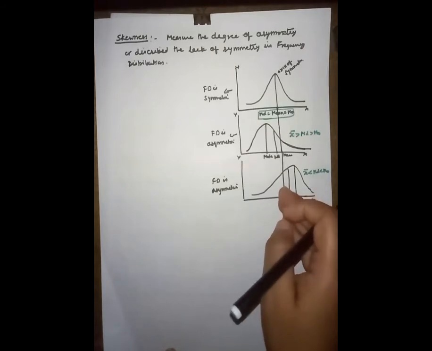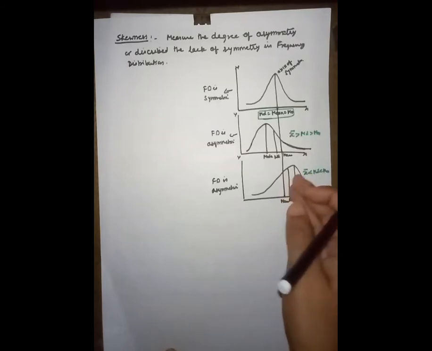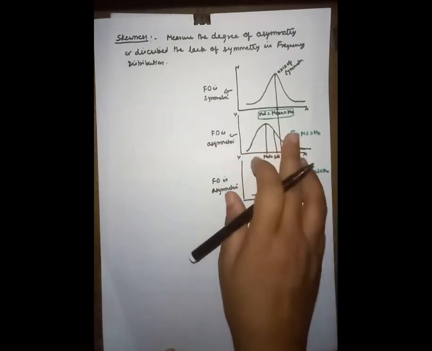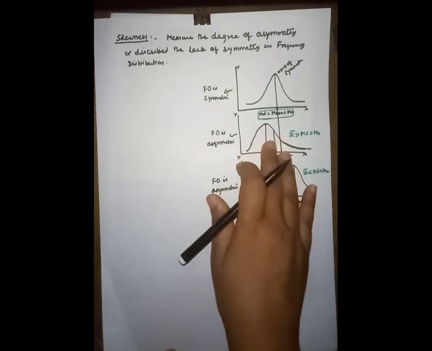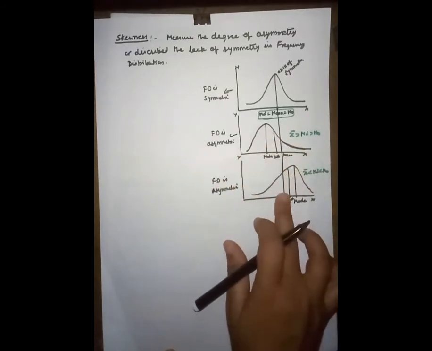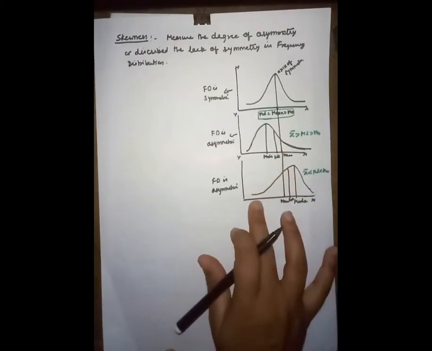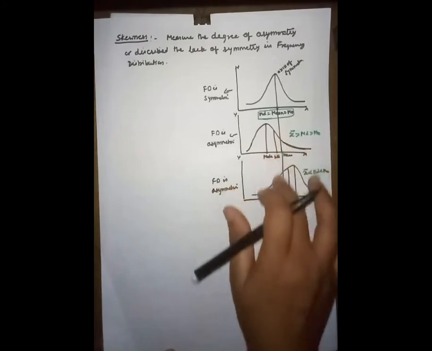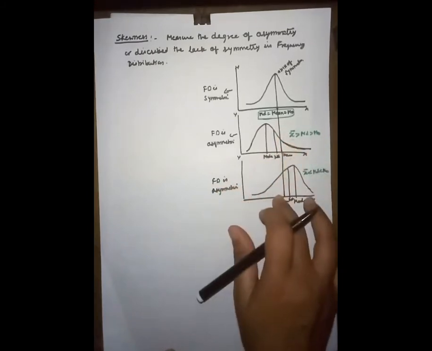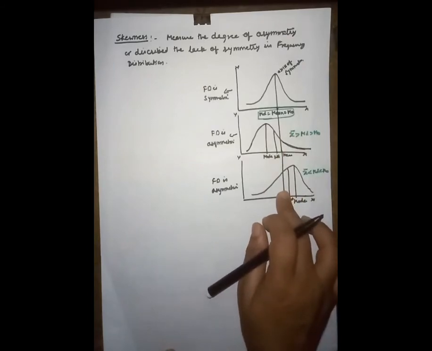So skewness may be positive or negative. You see, in this case skewness is positive because the tail is developed on the positive side, and in this case skewness is negative because the tail is developed on the negative side. The second case is positively skewed and the third is negatively skewed.